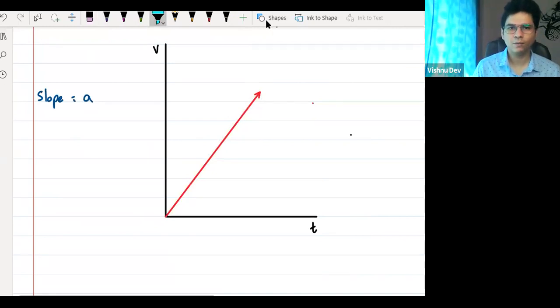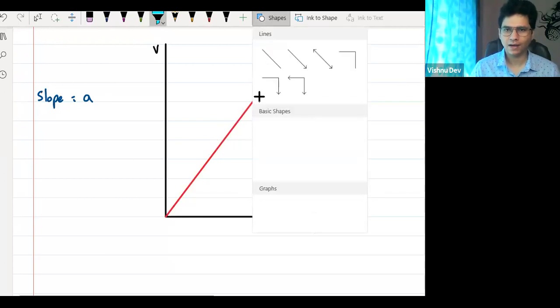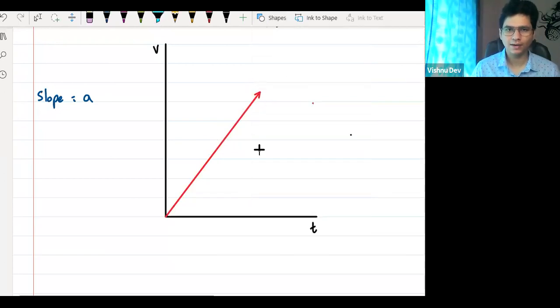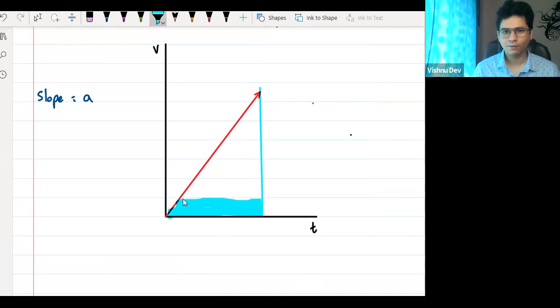Now, what about this? Tell me, I want to actually find this. Tell me, what is this? So this is the area. This area. What would be the significance of this area? Tell me.